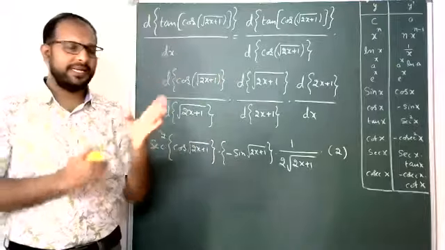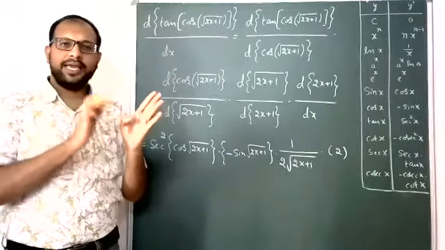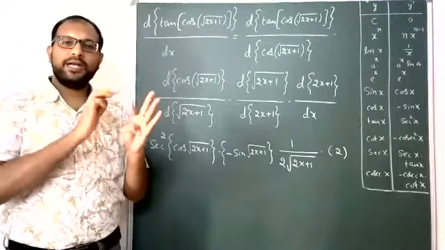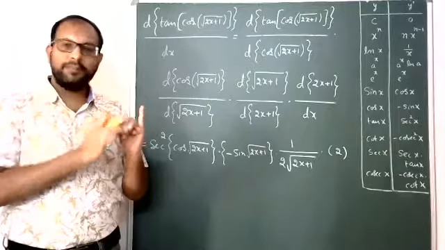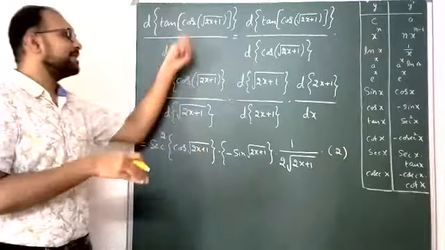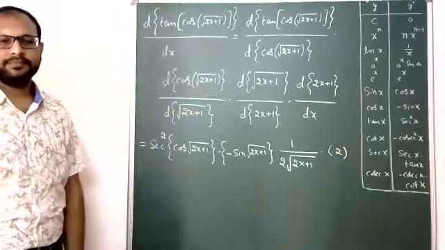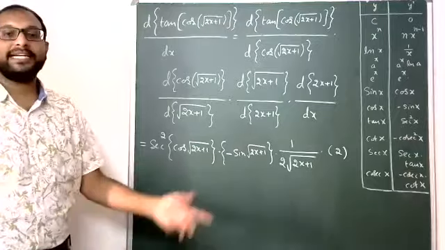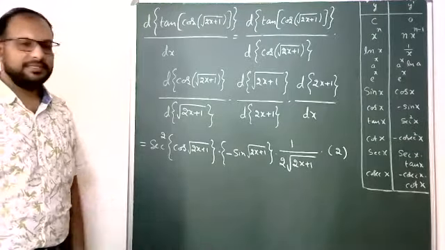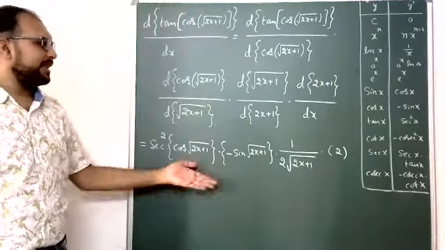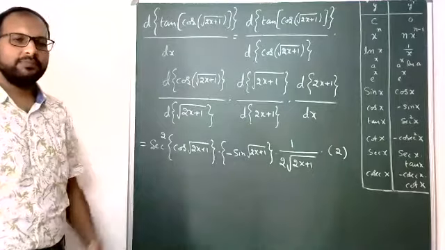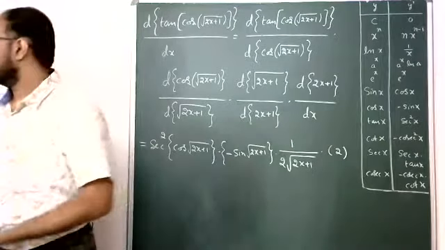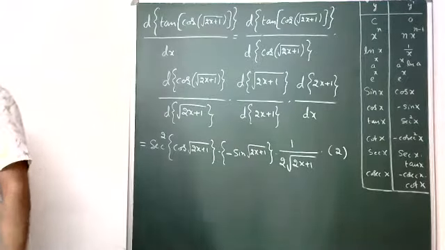Those are rule number 1, rule number 2, rule number 3, rule number 4 from yesterday. Along with that, this is rule number 5, the chain rule, used for complicated functions like this. Okay, I am closing the chain rule and moving to another principle.